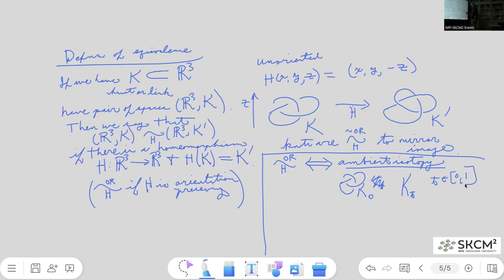And then I should have said for ambient isotopy, usually differentiable, non-zero tangent vector.